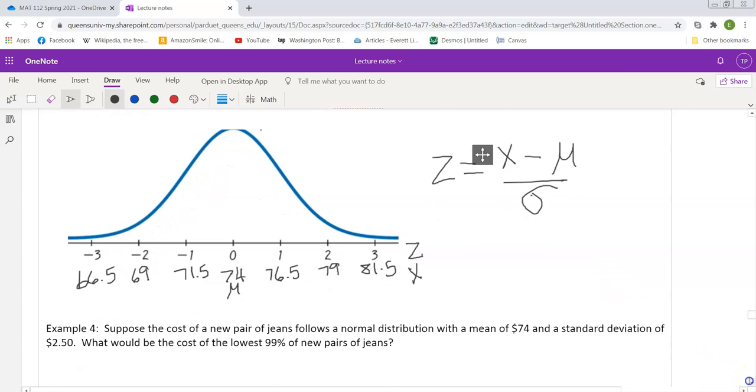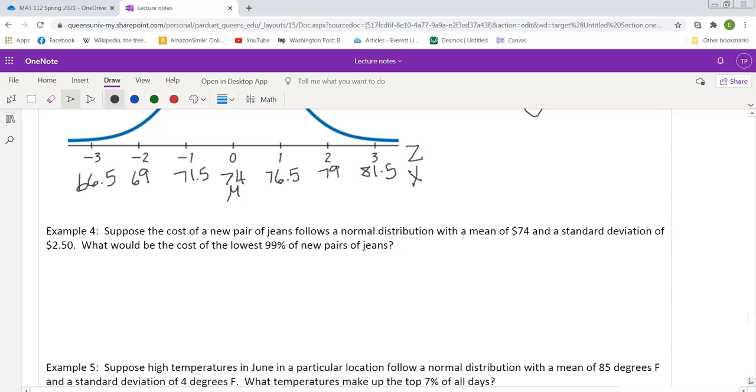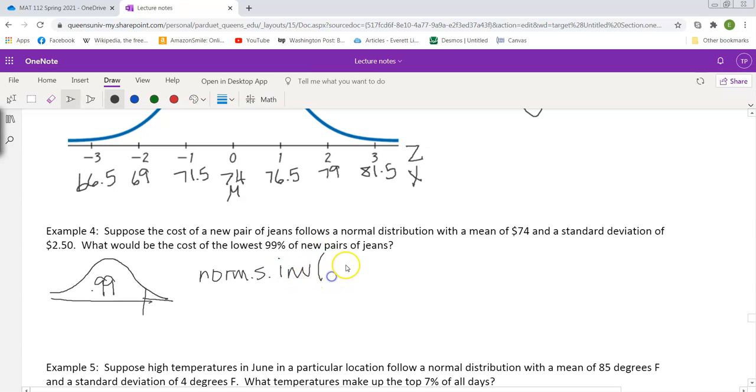Okay, so let's start by, again, finding our value of z. So we need the value of z with 99% to the left. So we need this value of z, so that's going to be NORM.S.INV .99.